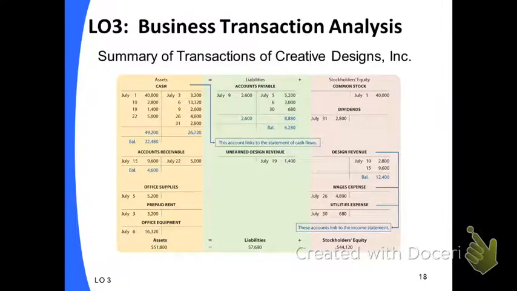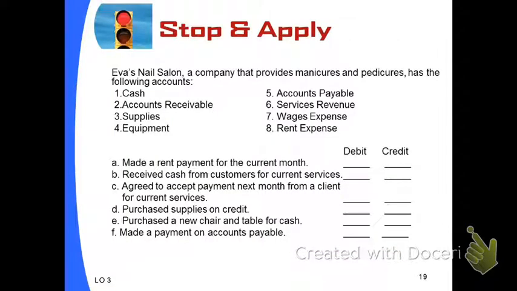And so there's a quick synopsis of the T accounts for all the transactions that we just went through. Okay, and then you can simply answer these questions for Eva's nail salon and show which accounts are debited and which accounts are credited for each of the transactions that are reflected here.